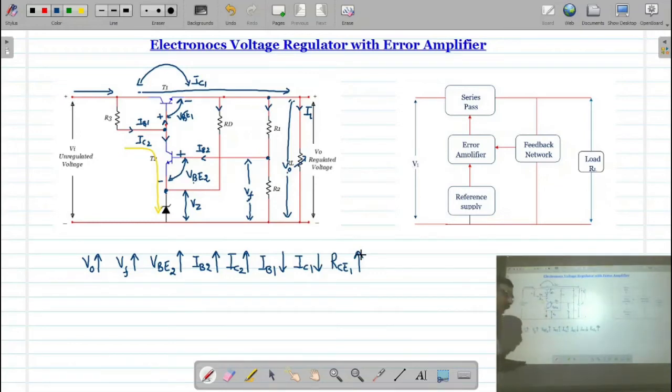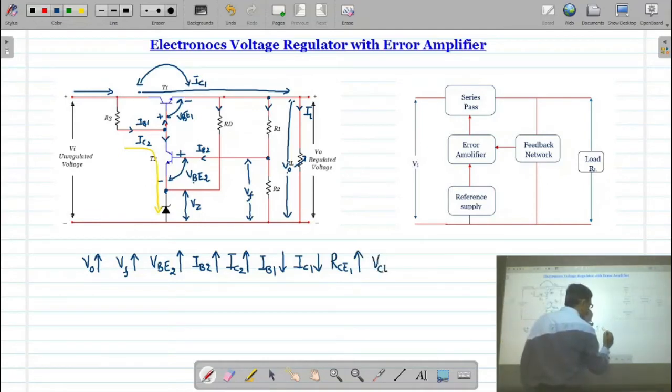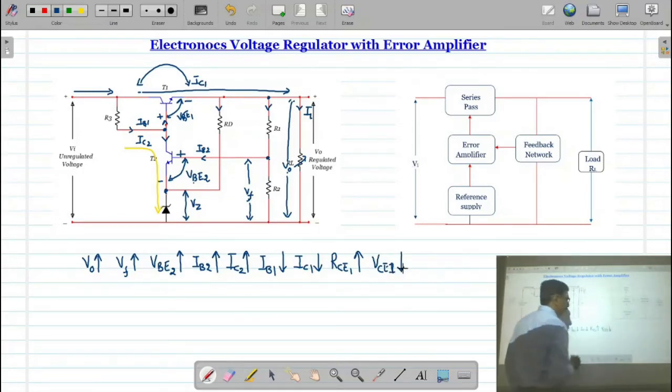Naturally, if this resistance increases, then according to Ohm's law the voltage drop, this VCE1, is going to increase.